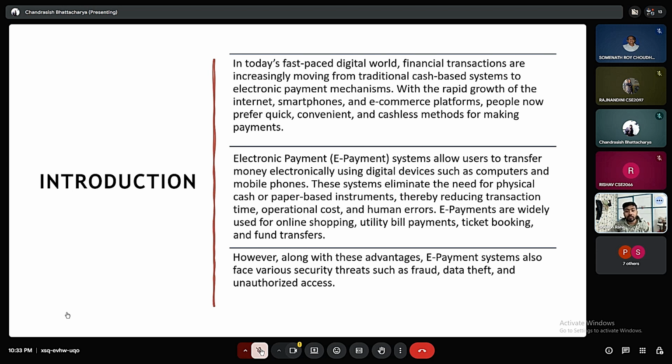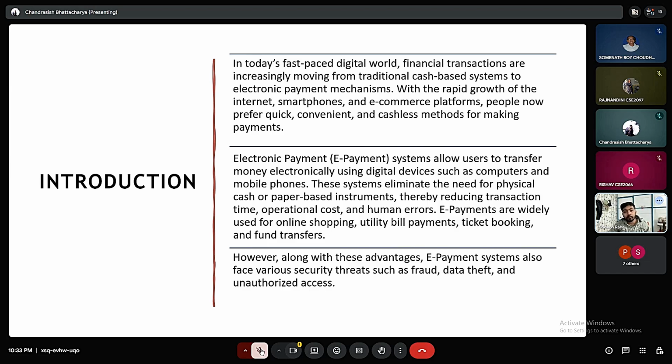These systems eliminate the need for physical cash or paper-based instruments, thereby reducing transfer time, cost, and human error. E-payments are widely used for online shopping, utility bill payment, ticket booking, and fund transfer.